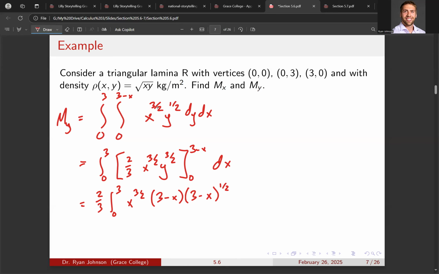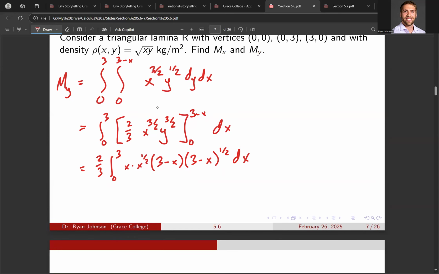And really you could think of x to the 3 halves as x times x to the 1 half. So we can combine like powers, and that would give us 0 to 3, a 3x minus x squared, and a 3x minus x squared to the 1 half power.